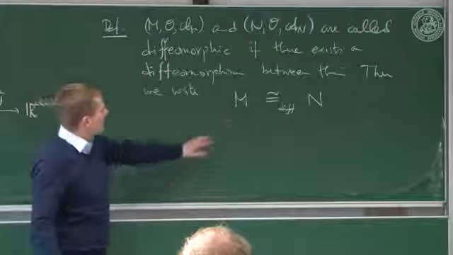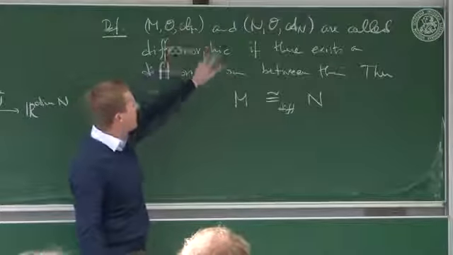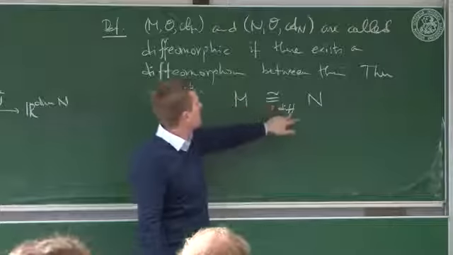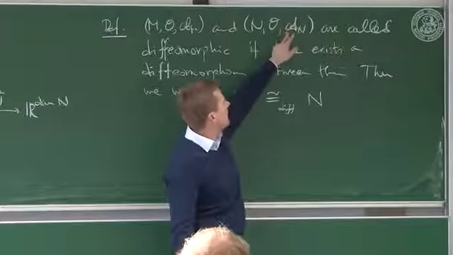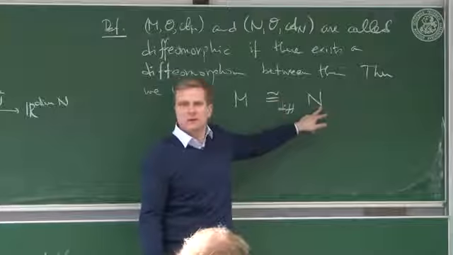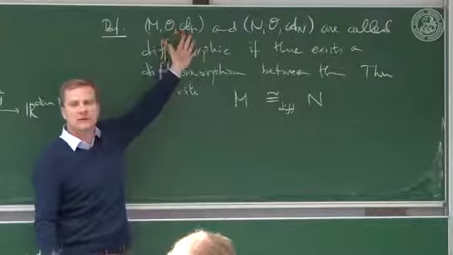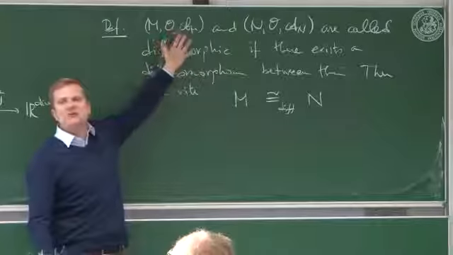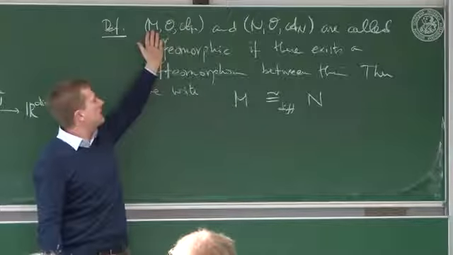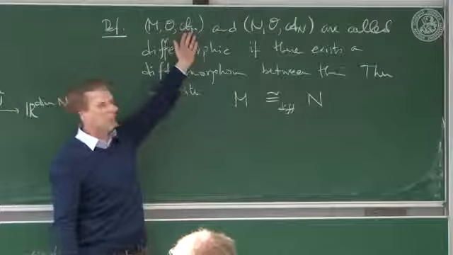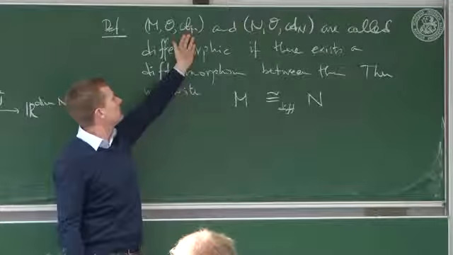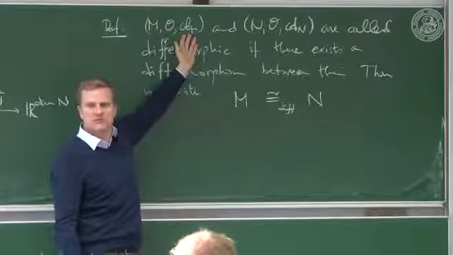And you see, in principle, I should write the triple (M, O, A_M) is diffeomorphic to the triple (N, O, A_N), because that's the full name of the smooth manifold, of the differentiable manifold. However, we now understood you have a set and you need a topological structure and on top a pick of a smooth atlas in order to talk about a smooth manifold.